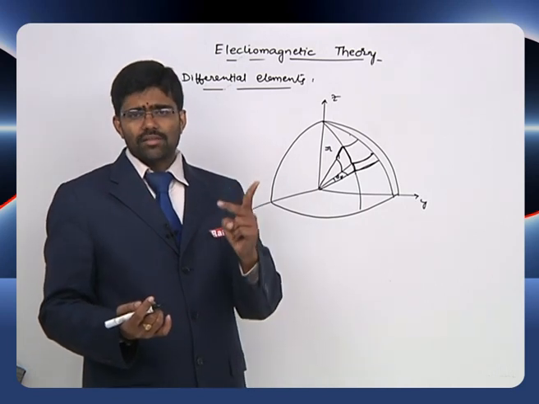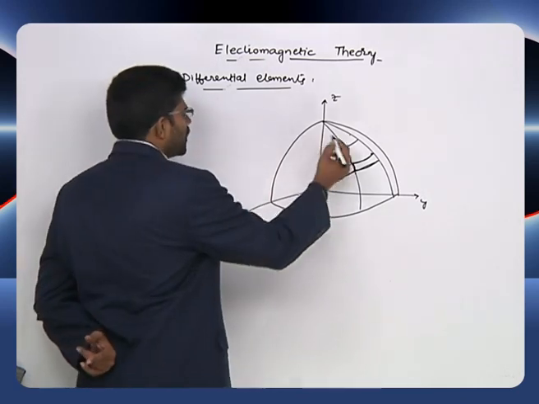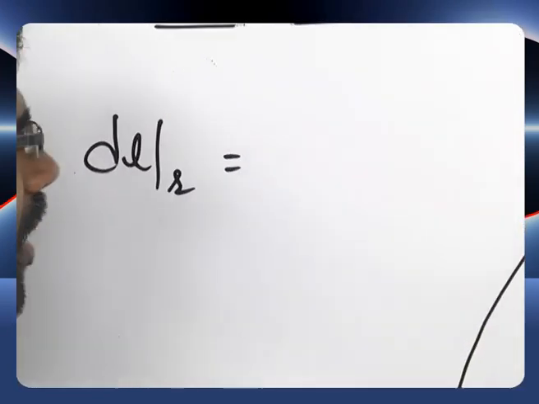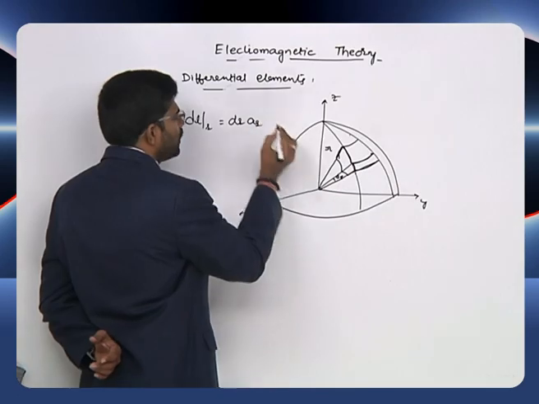Here we have two angles, so those two angles must be converted into lengths. The differential length in the direction of r is simply dr ar.